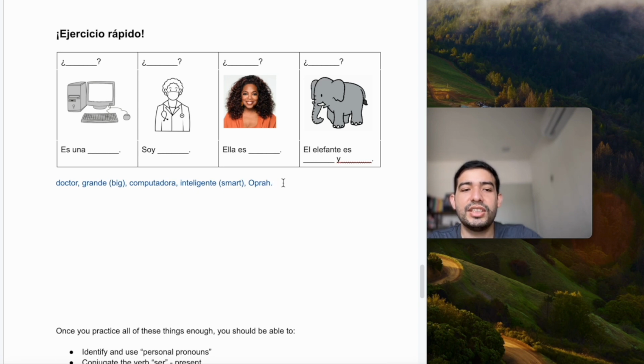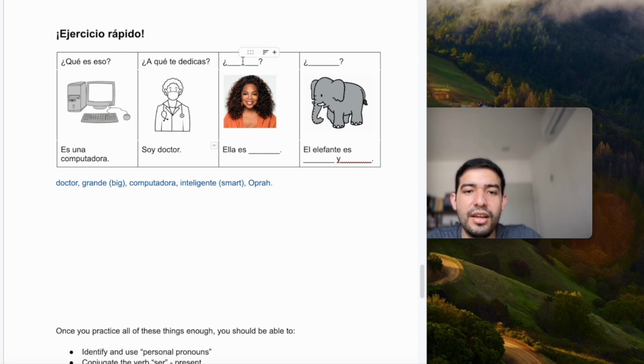Okay, and the answers are, ¿qué es eso? What is that? Es una computadora. What is that? It is a computer. ¿A qué te dedicas? Soy doctor. ¿Quién es ella?